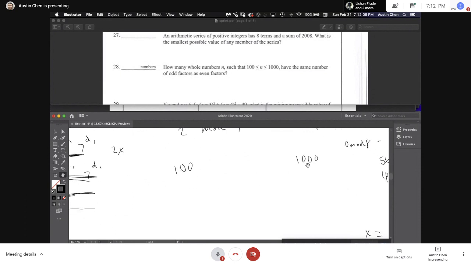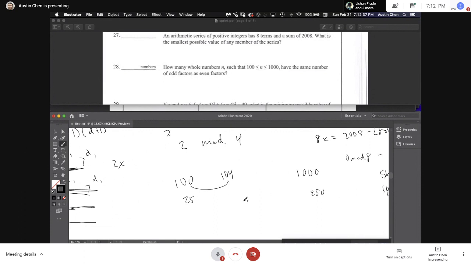Now 100 and 1000 are 0 mod 4, right? 100 is 25 times 4, and 1000 is 250 times 4. And we're basically going to separate this on mod 4s, right? So basically within every interval of 4, we're going to have one number that is 2 mod 4, right?